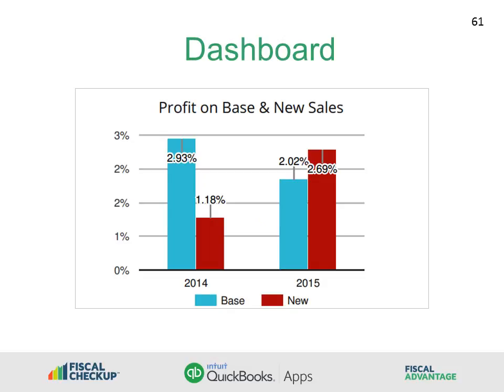This chart shows how the profits are different from the new or incremental sales versus the old or base sales. The basis for calculating these values is explained in the profit driver report, but it's critical to understand the profitability of the new versus the historic sales.